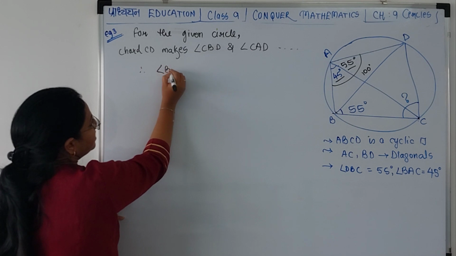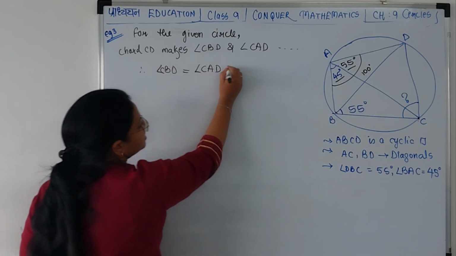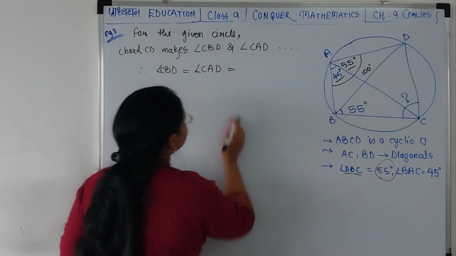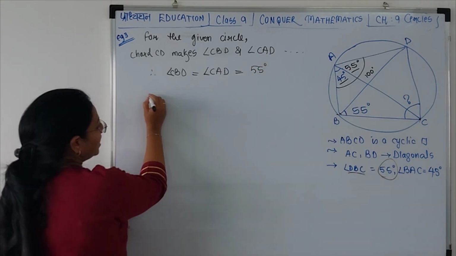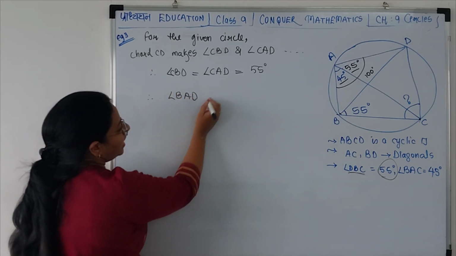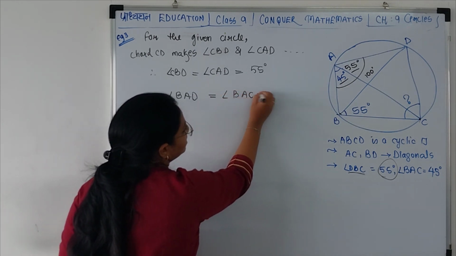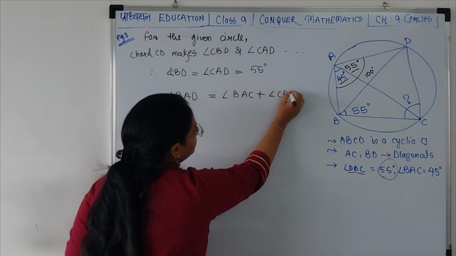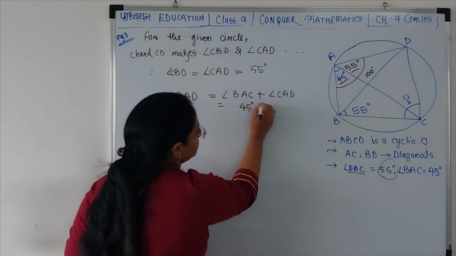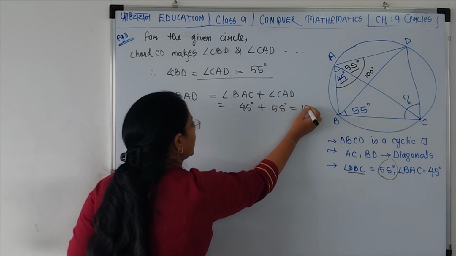Therefore angle CBD is equal to angle CAD, and angle DBC is given to us as 55. Therefore we can say angle BAD is equal to angle BAC plus angle CAD, which is equal to 45, which is given, plus CAD, which we found as 55, which is equal to 100.